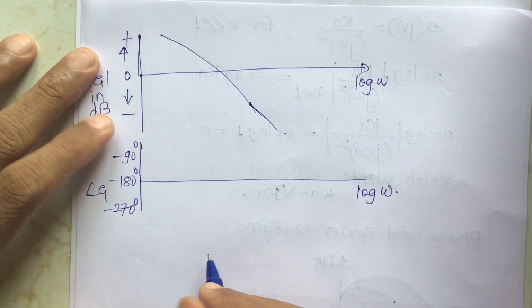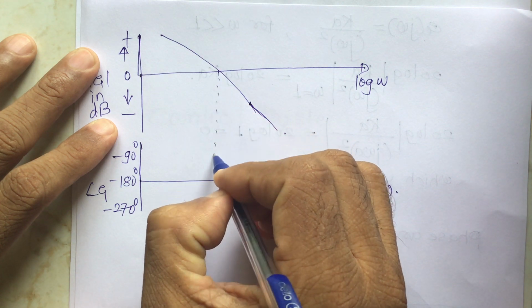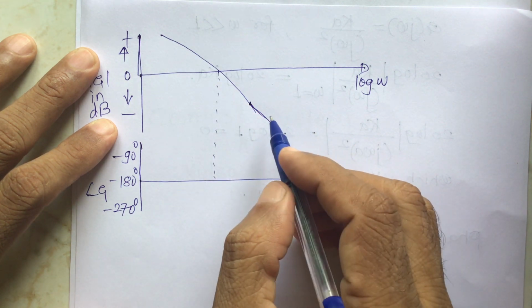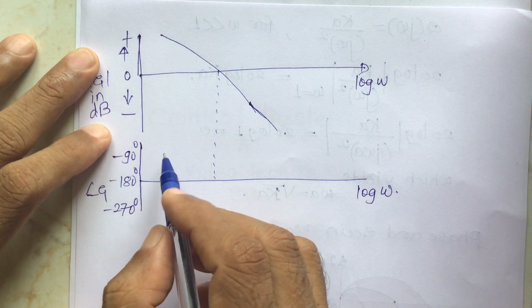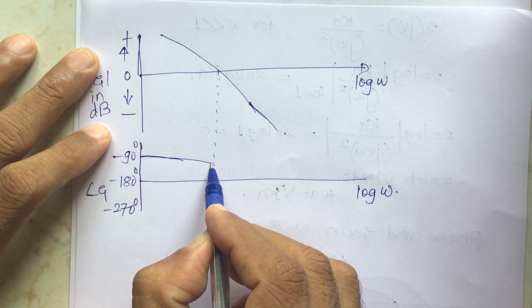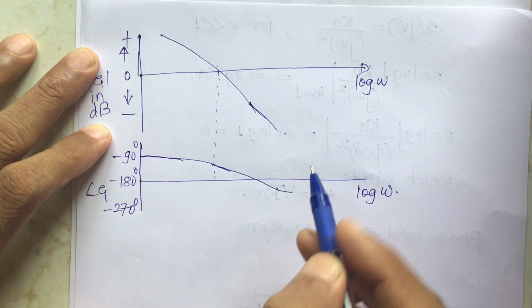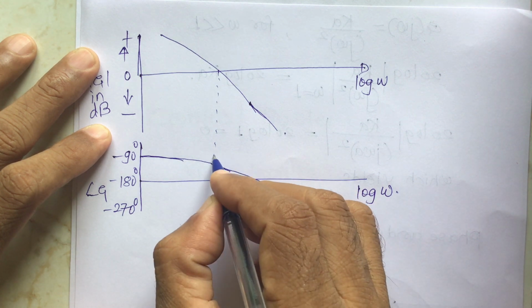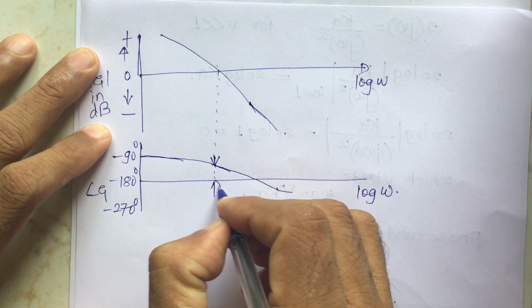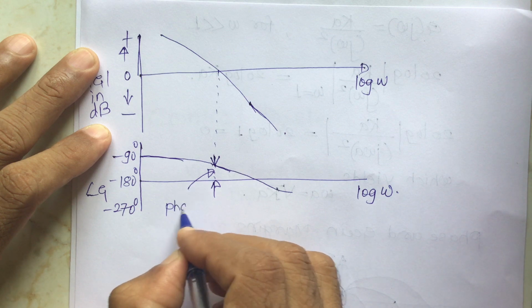Now for stable system, okay, this is the gain crossover frequency. Okay, and your plot is now suppose like this. Okay, so this is your phase margin.